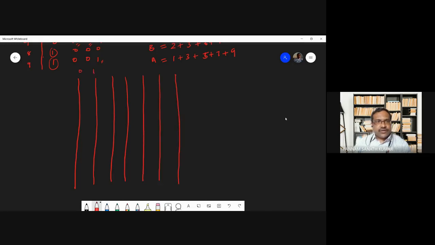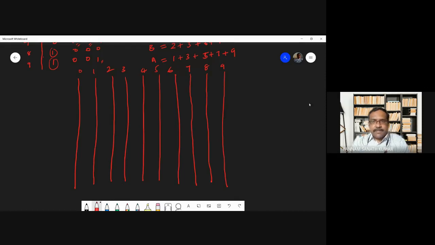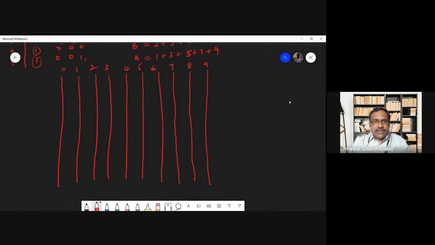So this is 0, 1, 2, 3, 4, 5, 6, 7, 8, 9. Now, what is D? 8 plus 9. So this is 8 and this is 9, connected with an OR gate. So this is D.